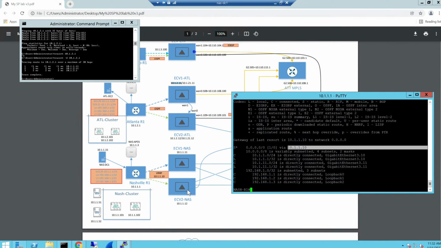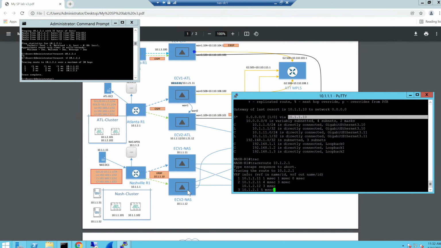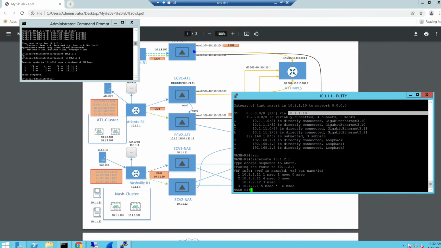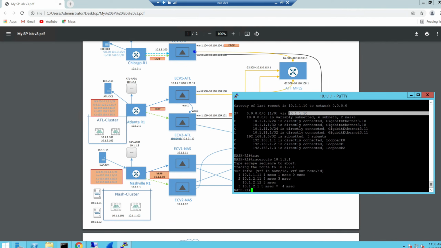Alright, so traceroute should point the same way, right? 10.1.2.1. Seeing it's jumping onto 11, then it's jumping onto this particular 11, and it's traversing back to the 12, and then it is going to 2.1. Well, it could be various reasons why it is jumping between 2.11 to 2.12.